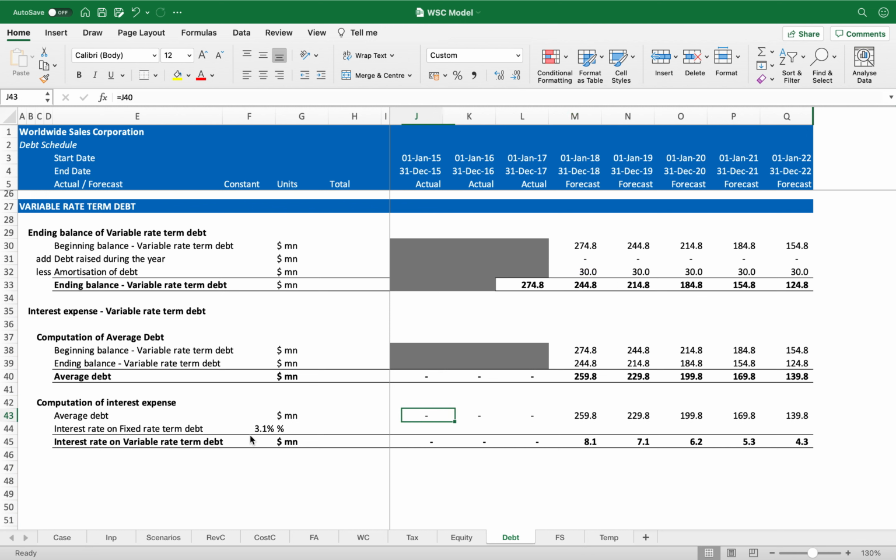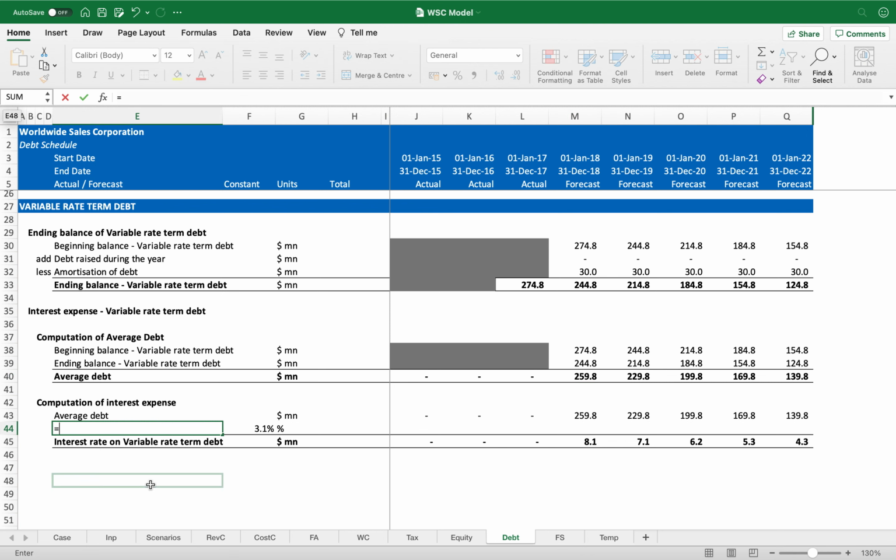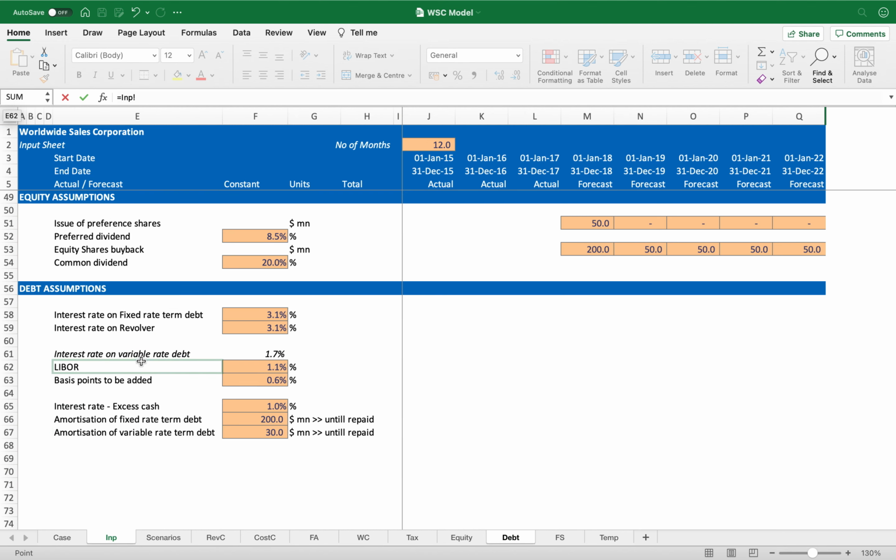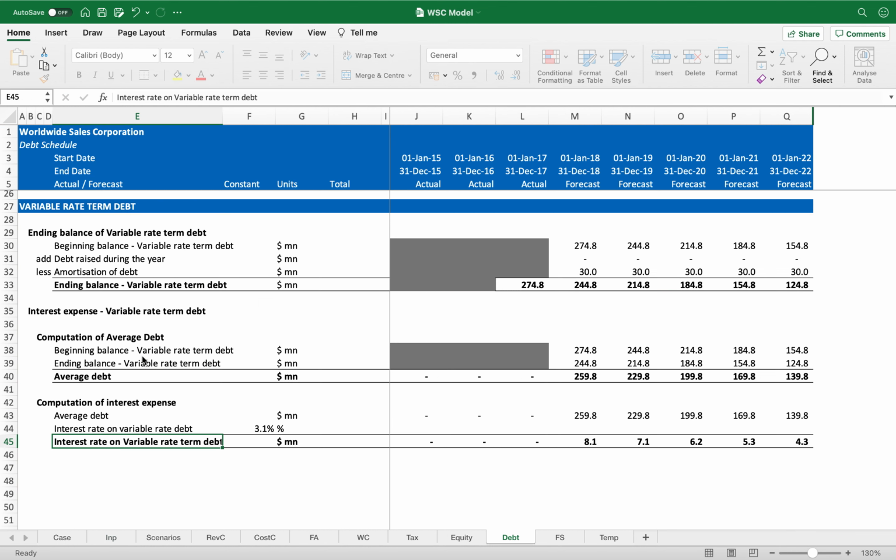You just need to change the interest rate. Totals are there. Average debt has been computed now, right? So you've computed the average. Just change the interest rate. Interest rate on fixed rate it was given, and we'll change it to interest rate on variable rate debt.